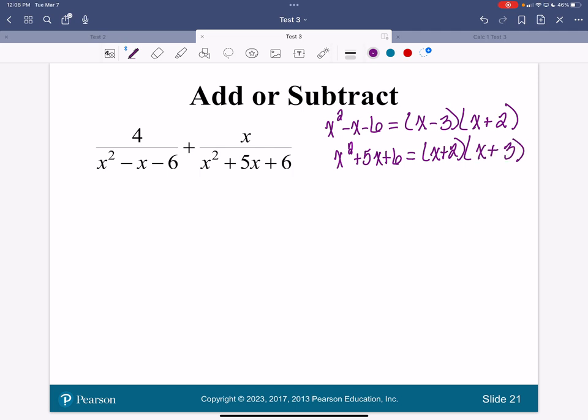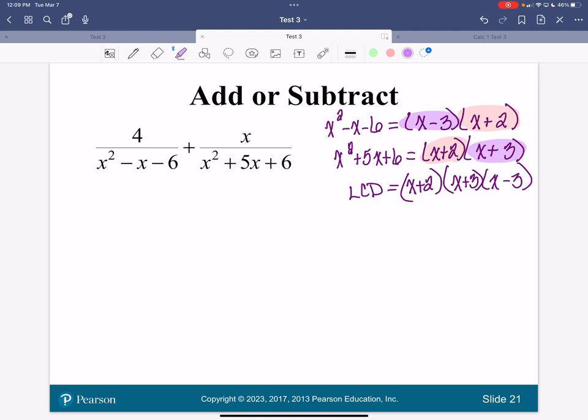Okay, so for my LCD here, I have an x plus 2 that's common, so I'm going to write that down once. Okay, and then what's left over? Good. Okay, that's what's left over. X minus 3 and x plus 3.